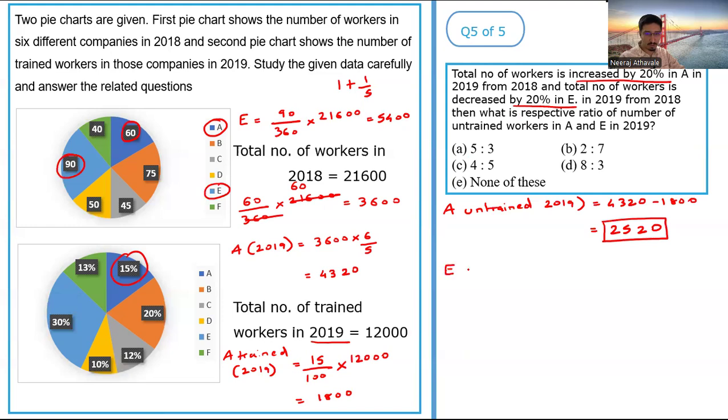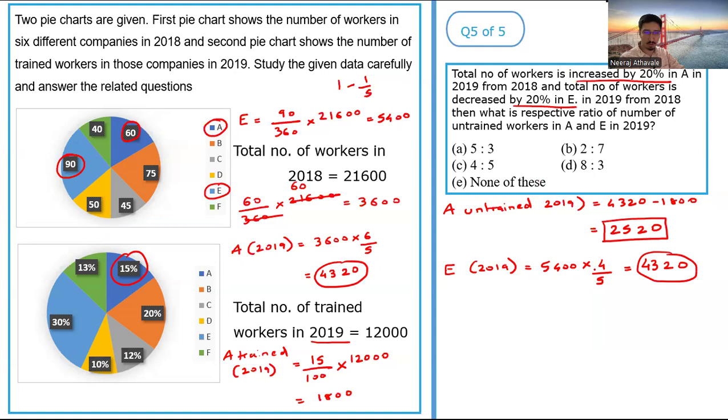So therefore, E in 2019 will be 5,400 into 4 by 5. Why? Because it decreased by 20%. That means it will be 1 minus 1 by 5. So solving this, we get the answer as 4320 again. So it's exactly the same thing as this value.